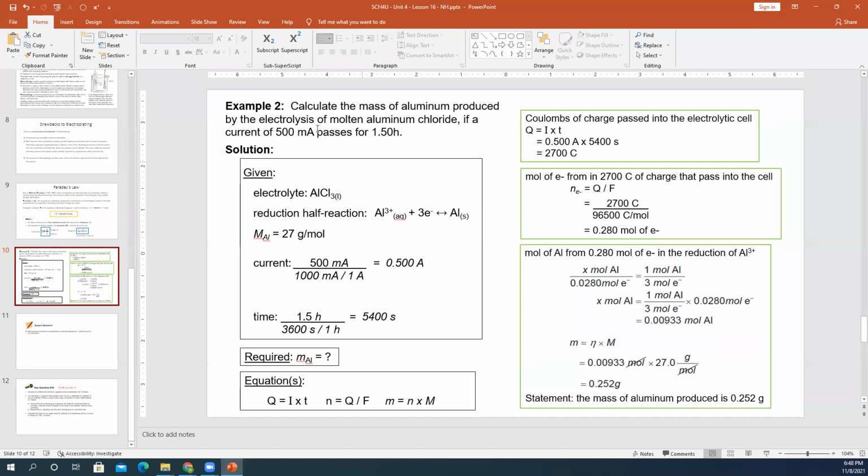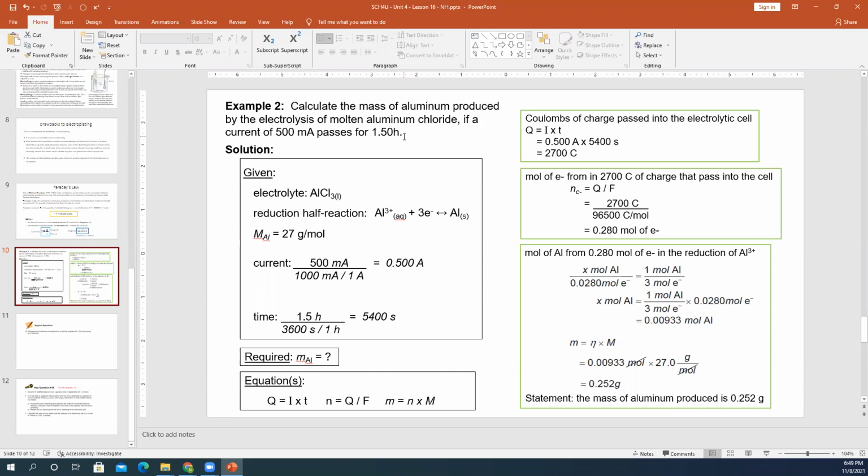You're given the current, your I value, and it has the unit amps. Here it's milliamps, so you have to remember to convert milliamps into amps. And your time is 1.5 hours, and the proper standard time unit for these equations is seconds, so you have to remember to convert your time into seconds.